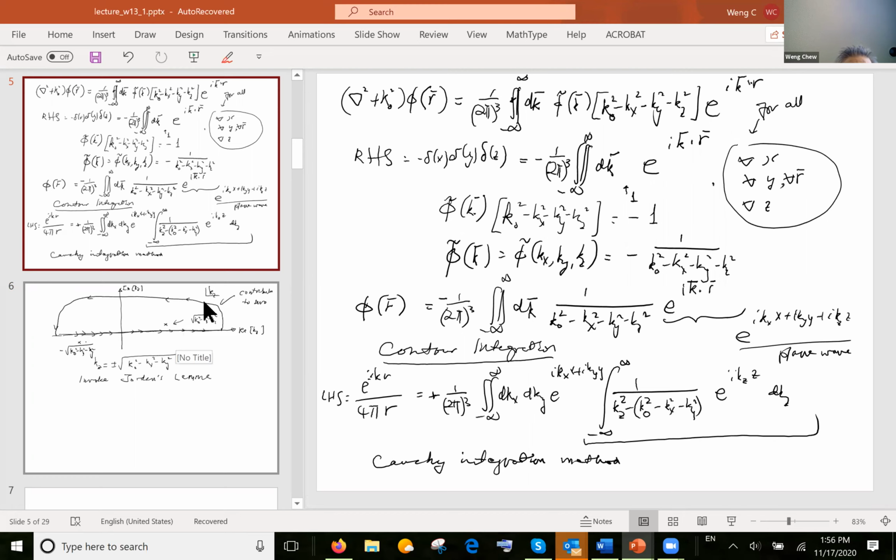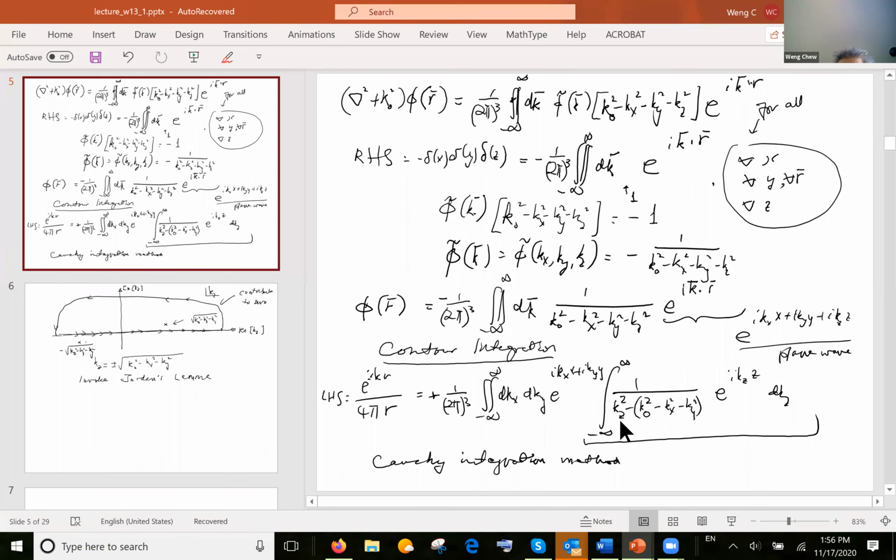You're going to take this contour to infinity, and kz will become very large, and this will be 1 over kz squared. But this thing will only grow as kz. And you can show that because of that, the integrand actually contributes 0.